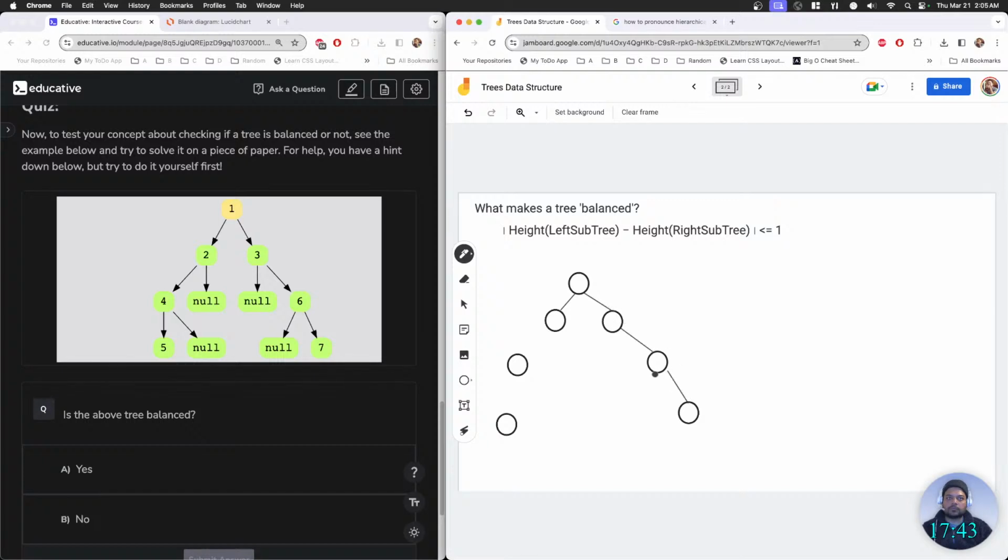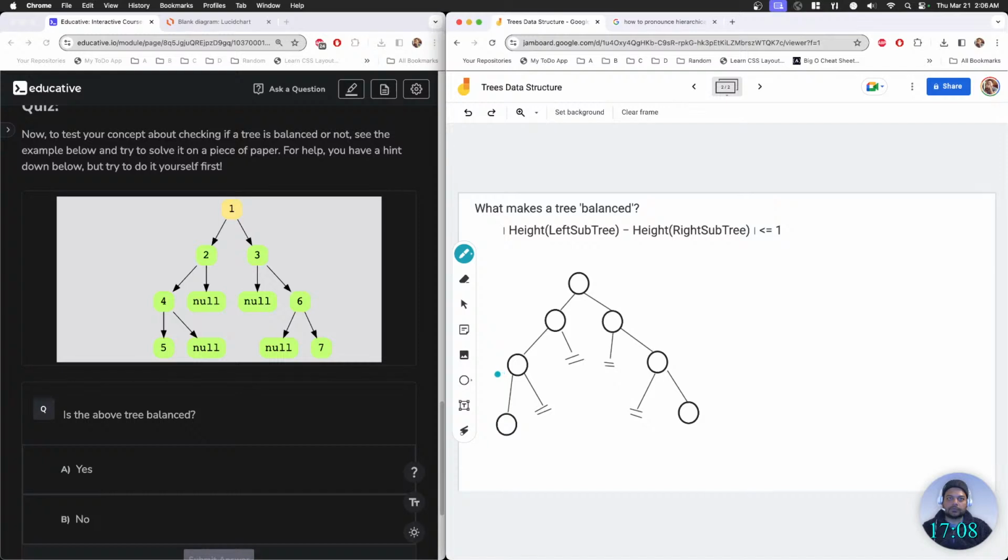Link. Link. Four nulls, yep. Oh, marker. Cool.